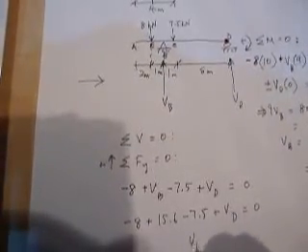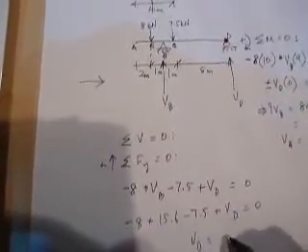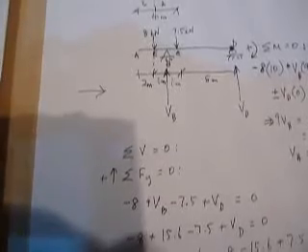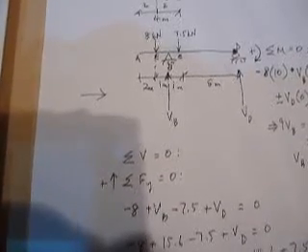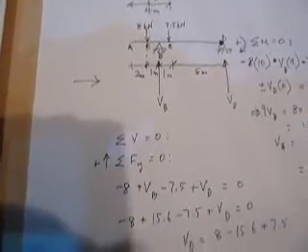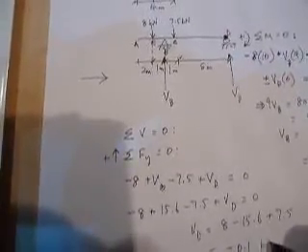So therefore we can calculate VD equal to 8 minus 15.6 plus 7.5, equals, let's calculate that, minus 0.1 kilonewton.